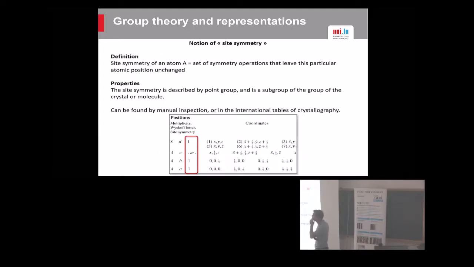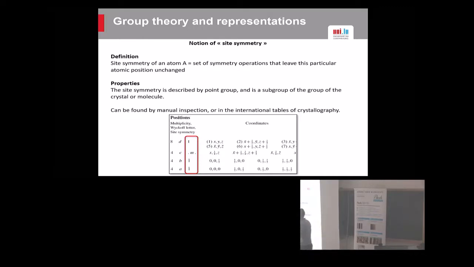Second notion I might need later on is this notion of site symmetry, okay? Again it's a definition: for a particular atom A in a crystal or a molecule, it's the set of symmetry operations that leaves this particular atomic position unchanged, okay? So this is also a point group.